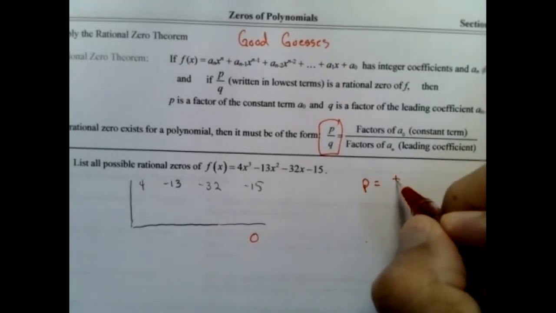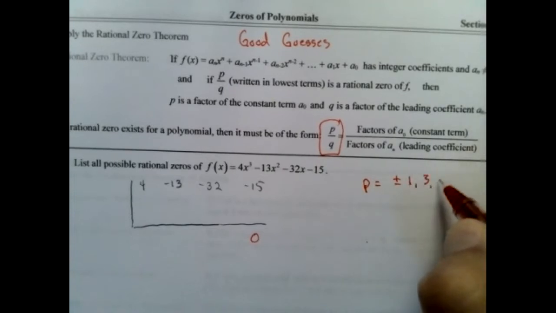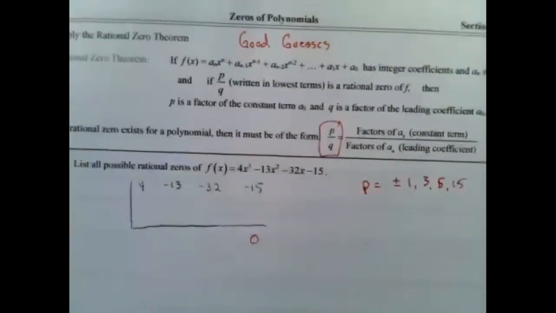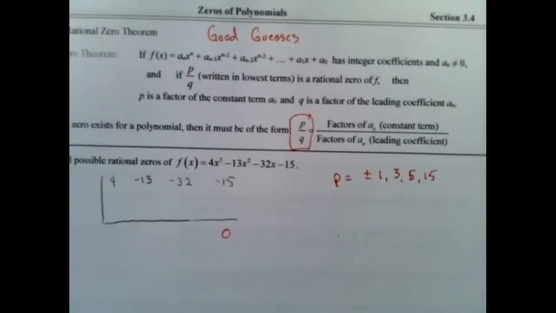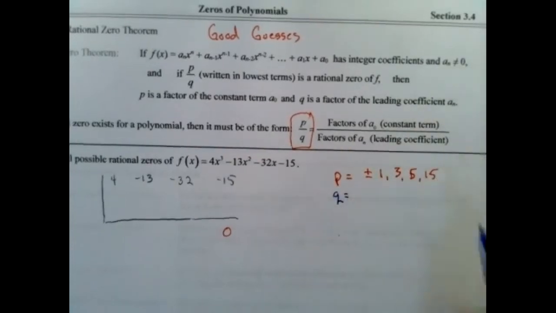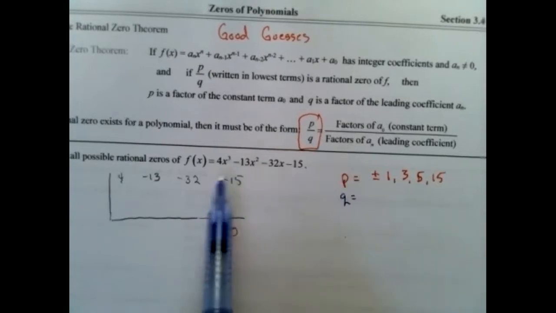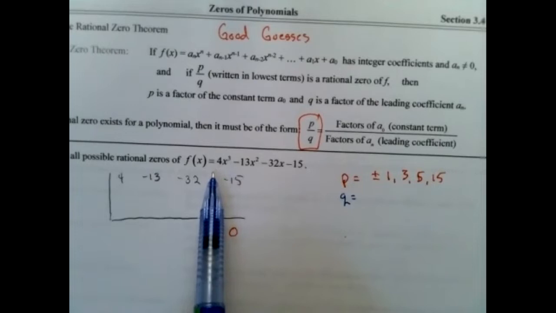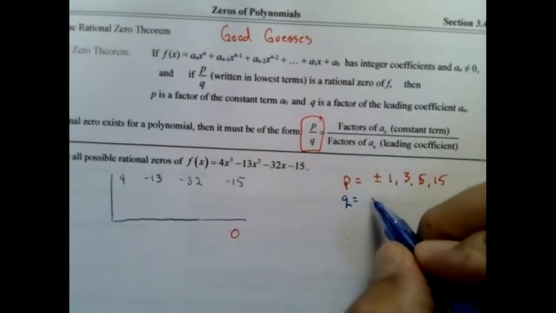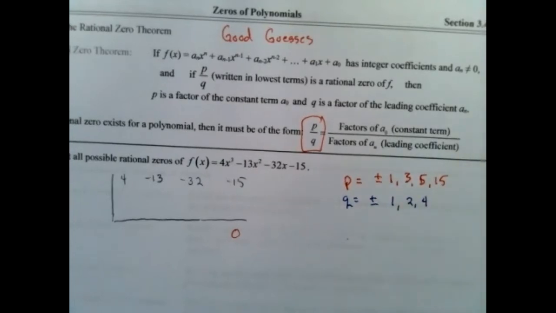Its factors are plus or minus 1, 3, 5, and 15. Q is going to be the factors of the leading coefficient. In this problem, the leading coefficient is 4. So Q is going to be plus or minus 1, 2, or 4.